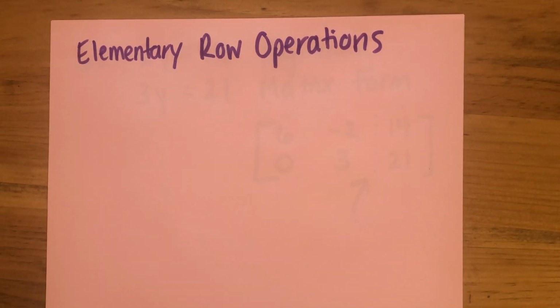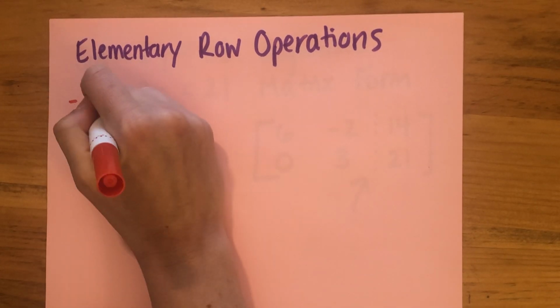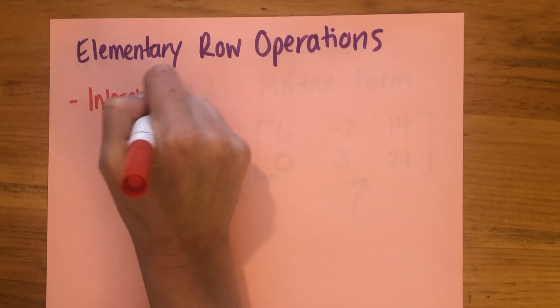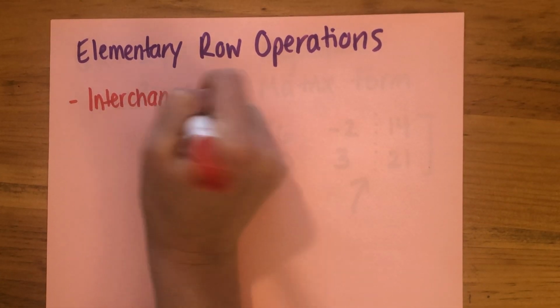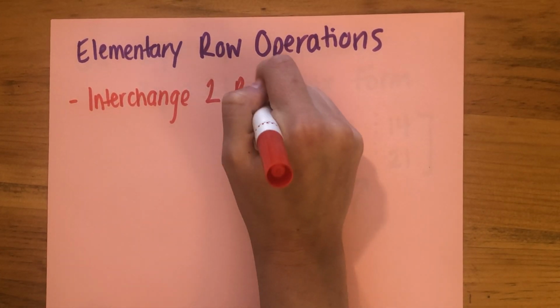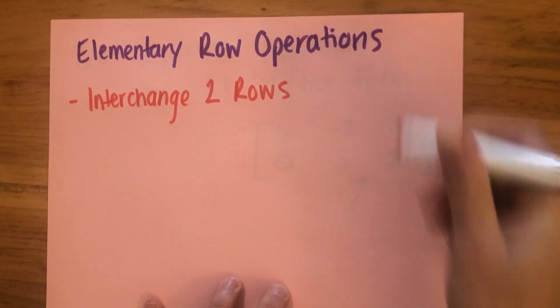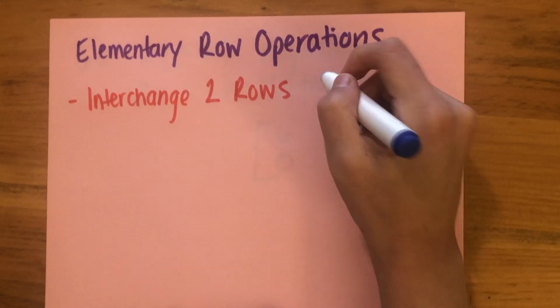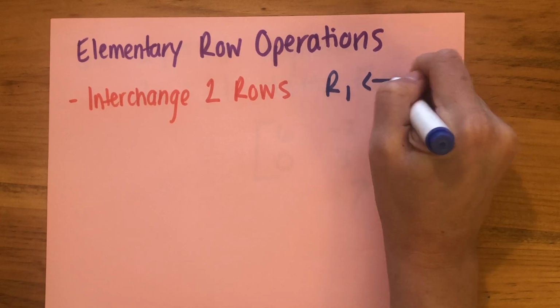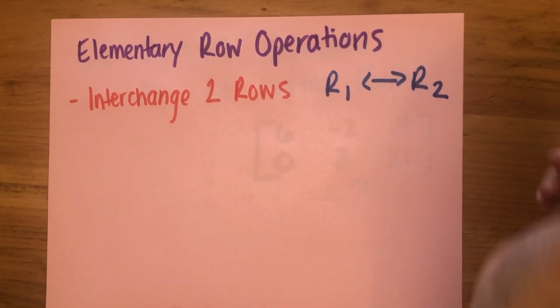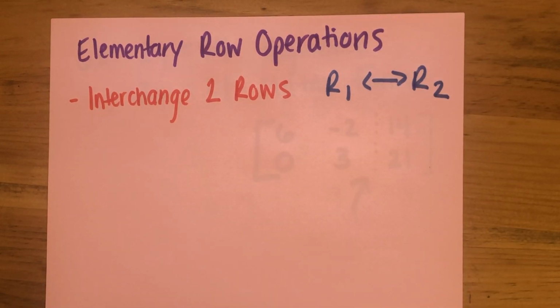So our first row operation is that we can interchange 2 rows. And we would denote this as something like we would say interchange row 1 with row 2. So that's our first one.